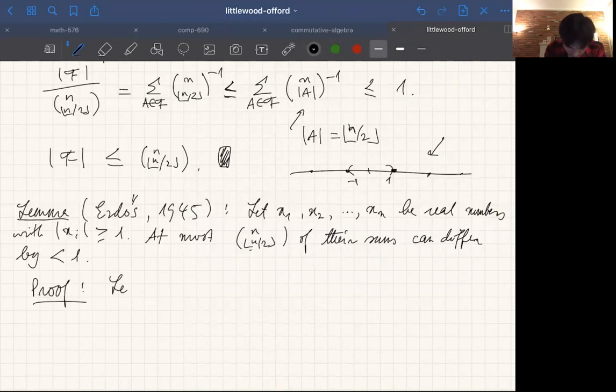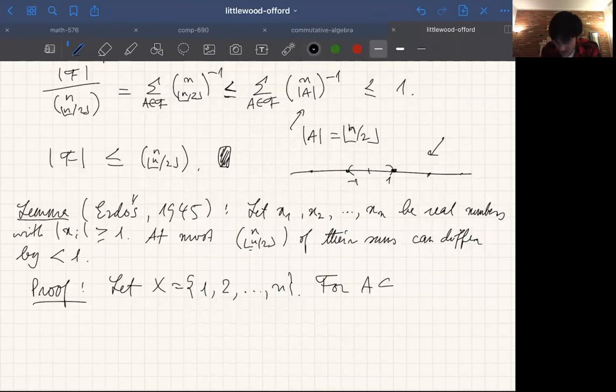Okay, let X be 1 through N. And then for A a subset of X, so this is a subset of 1 through N, we'll let XA be the sum over all i in A of xi.